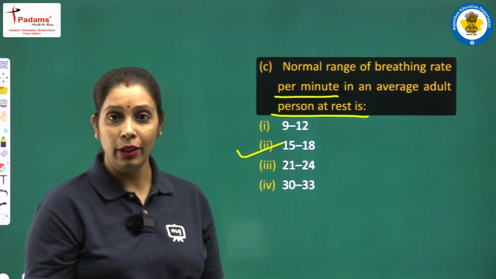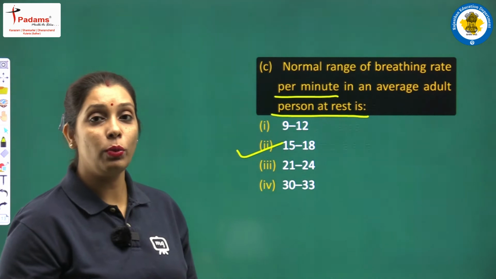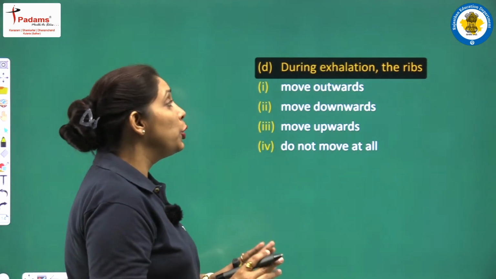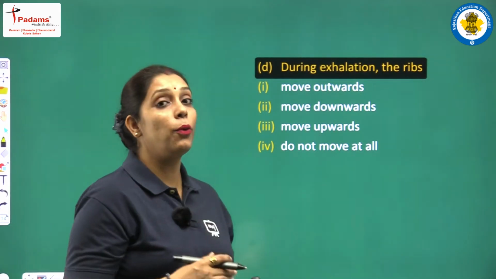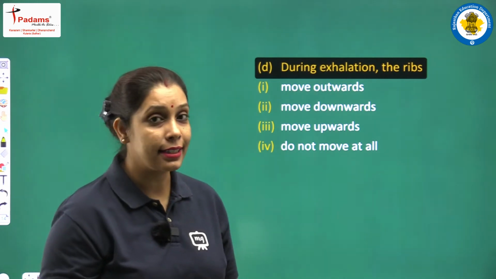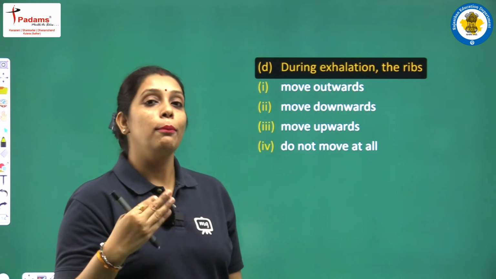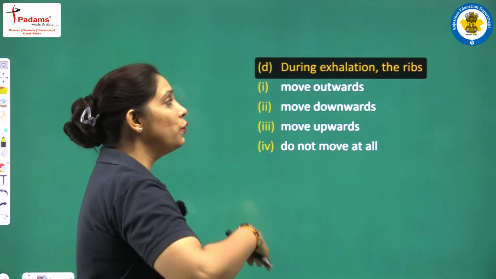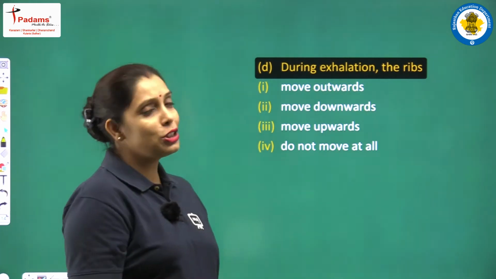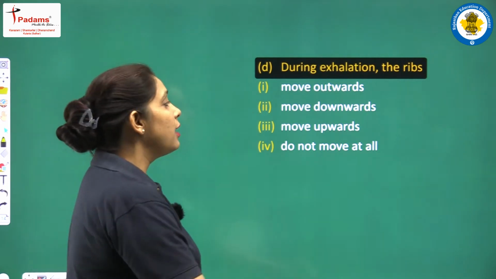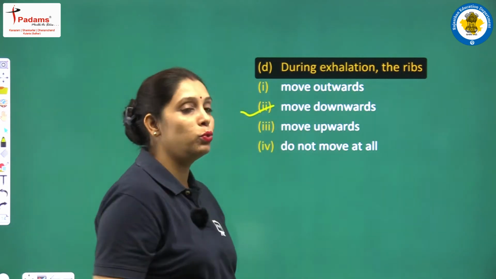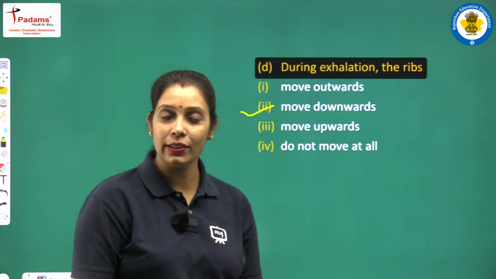Is that clear? Move to the next question, class 7th, and next question is during exhalation the ribs. Yes, ribs का movement क्या होता है? They move outward, move downwards, move upwards, do not move at all. Here the answer is move downwards. Is that clear to class?